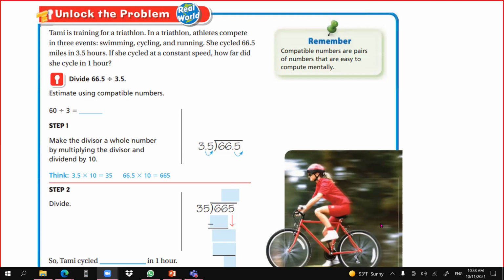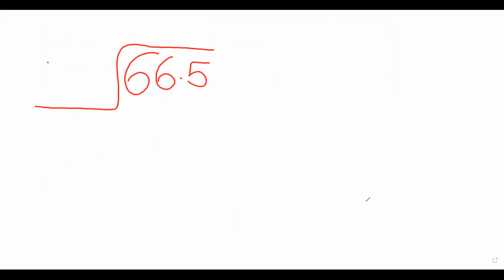Let's do it here now. 66.5 divided by 3.5. What do you have to do here? I will go now to the divisor. Where's the decimal point? In the middle, between the 3 and the 5.